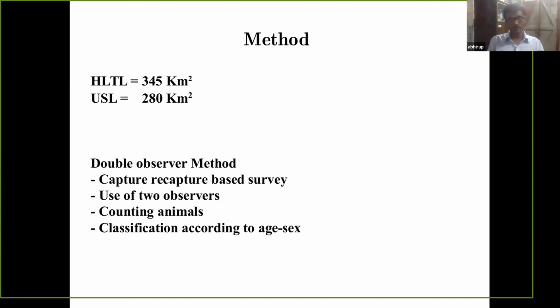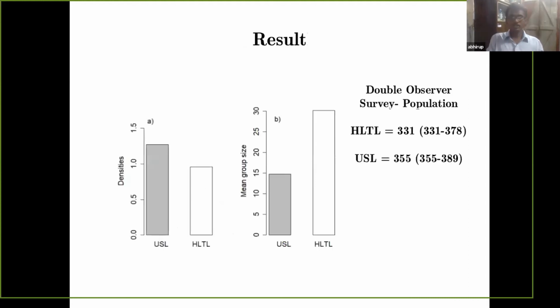We tried to classify them according to age and sex, because that helps us identify the age and sex structures in these populations. Our result at the end shows that HLTL population size is less, and USL it is more.